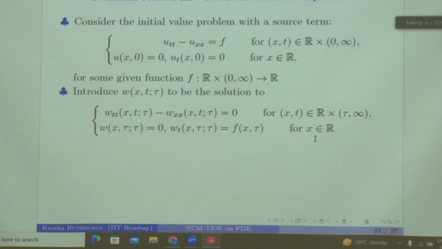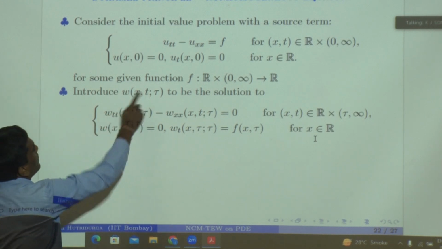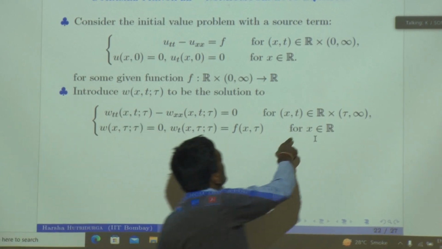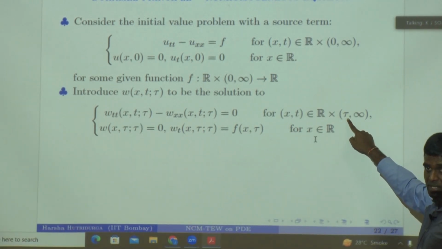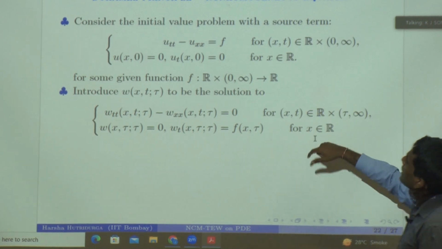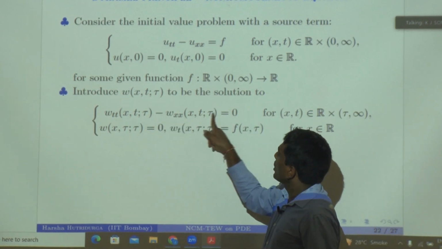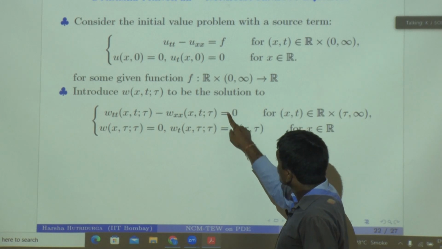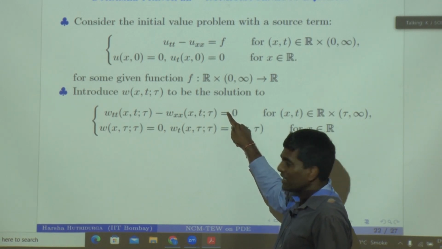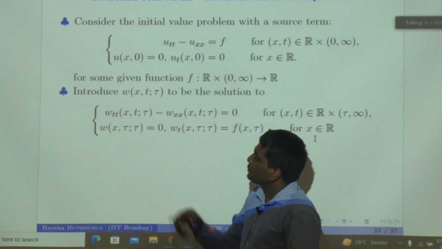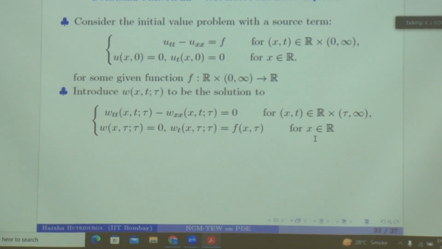But in this approach, you take some tau which is strictly positive, and beyond tau, you try to define this function w, because this w is defined only for t's which are beyond tau, and this w is solving the wave equation, but with no source term here. And you treat this time slice t equal to tau as your initial time.